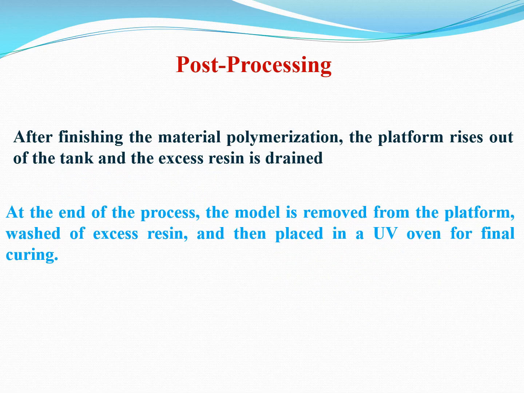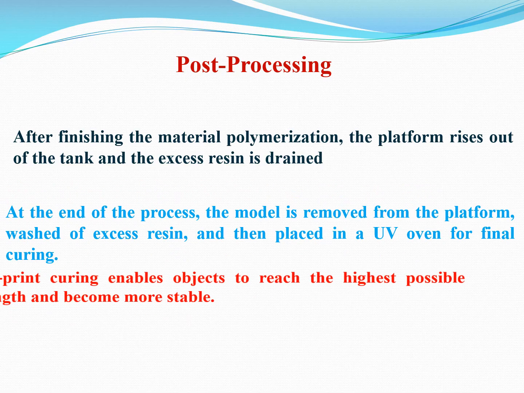At the end of the process, the model is removed from the platform, washed of excess resin, and then placed in a UV oven, ultraviolet oven, for final curing. That means after removing the object from that platform, it will be washed and the excess resin will be removed, and finally that model will be placed in the UV oven for final curing.